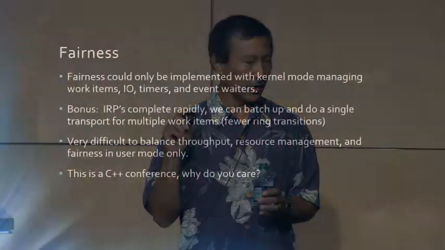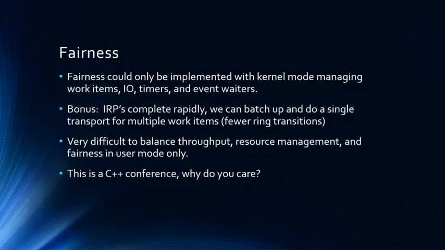So I think that I covered the information in this slide. There are two key points on this slide. Number one is it's very difficult on thread pools to balance throughput, resources, and fairness in user mode only. There are a bunch of very smart people in here.